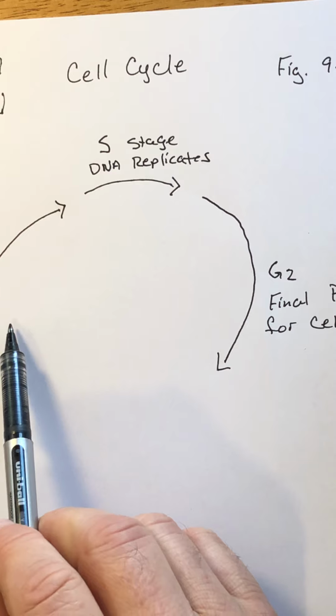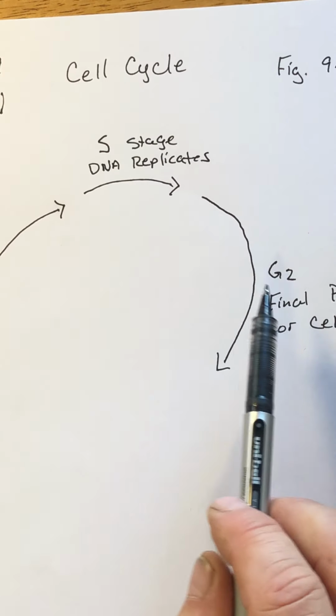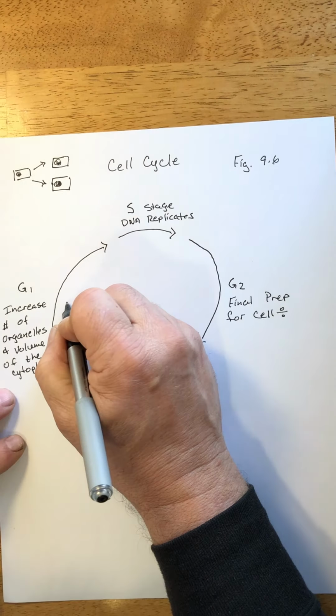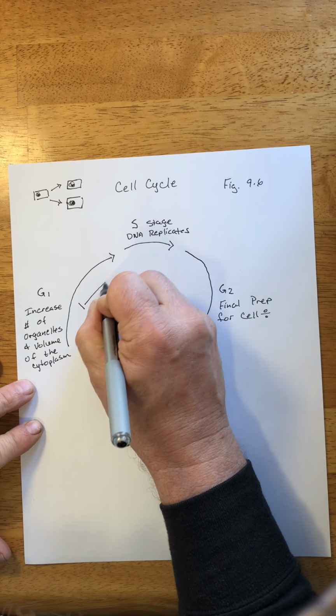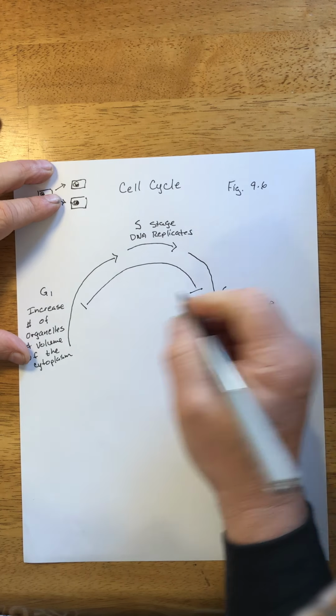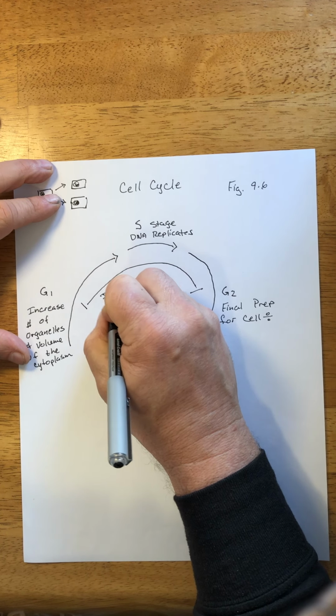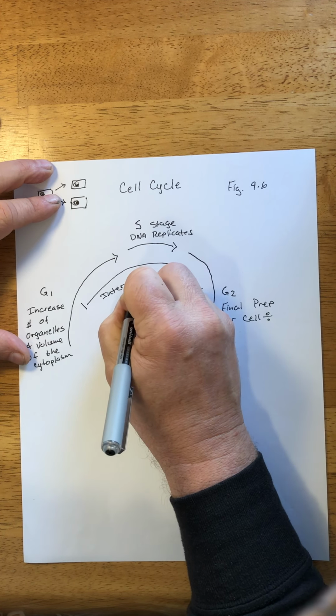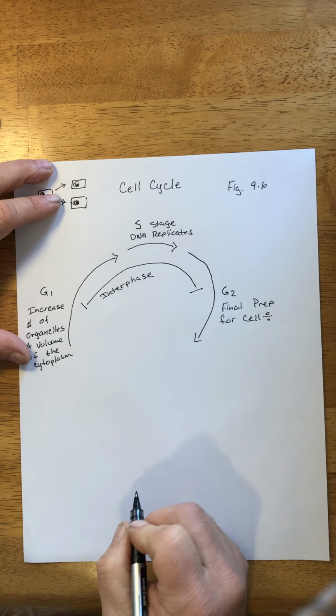And these three stages, G1, S, and G2, those three stages together are called interphase. And that takes about 90% of the time in terms of cell division.